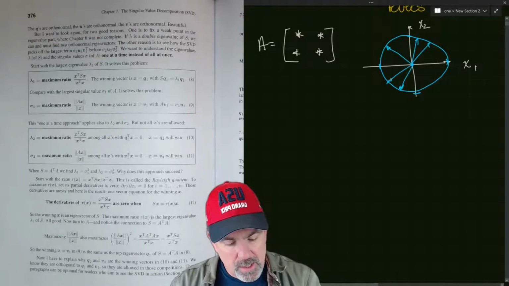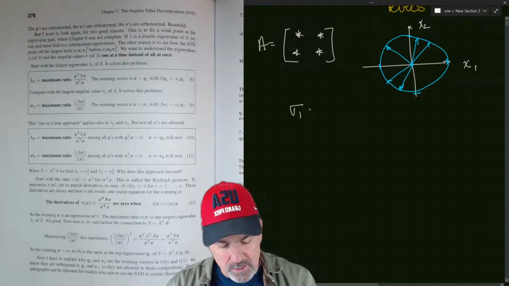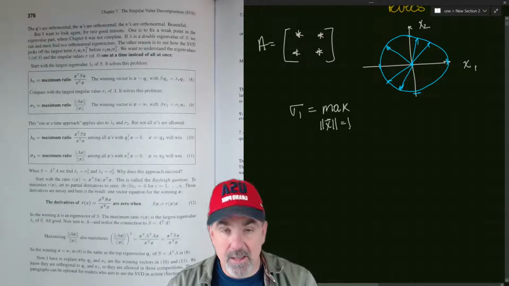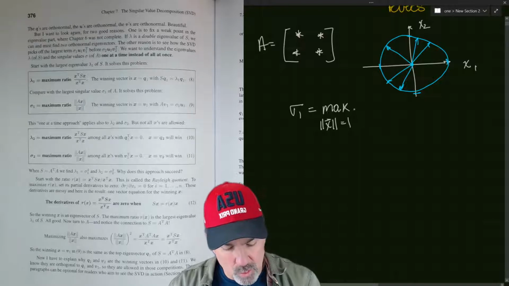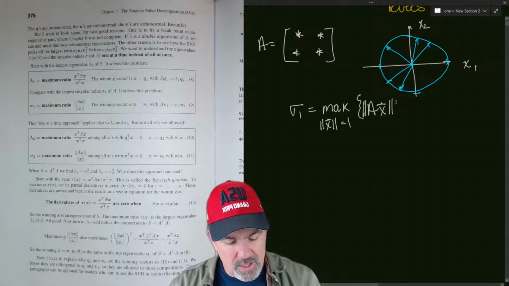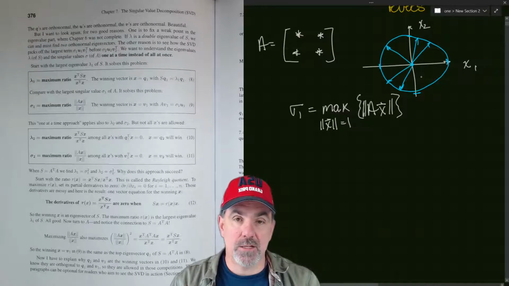And so what we're trying to do to find the first singular value is find the maximum, and we've already selected all the x vectors with norm 1. We're trying to maximize this norm of A times x. We're trying to find the maximum norm. Well, this is actually pretty easy to do.